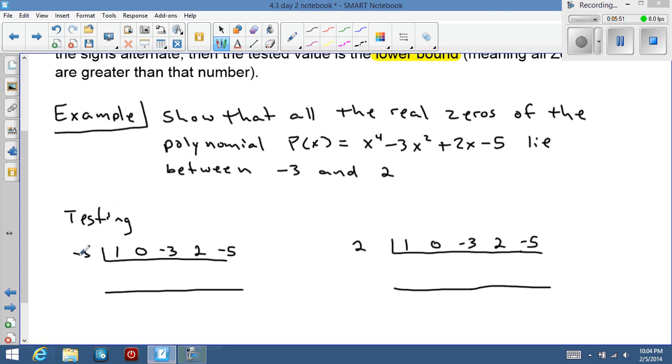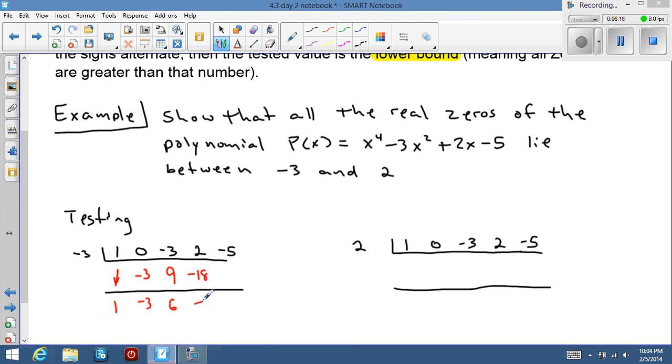So let's do some testing here. We have negative 3. The 1 will come straight down, and negative 3 times 1 is negative 3. We're going to add, and we get negative 3. Now, again, negative 3 times negative 3 is 9. We're going to add, and we get 6. So far, we are alternating. So let's see what happens. 6 times negative 3 is negative 18.